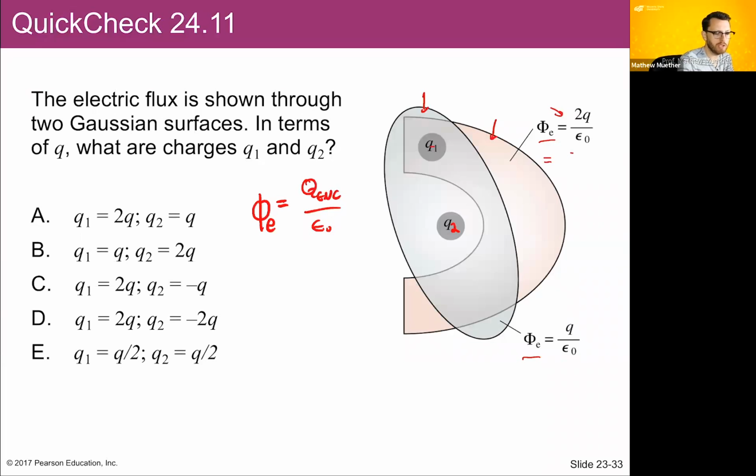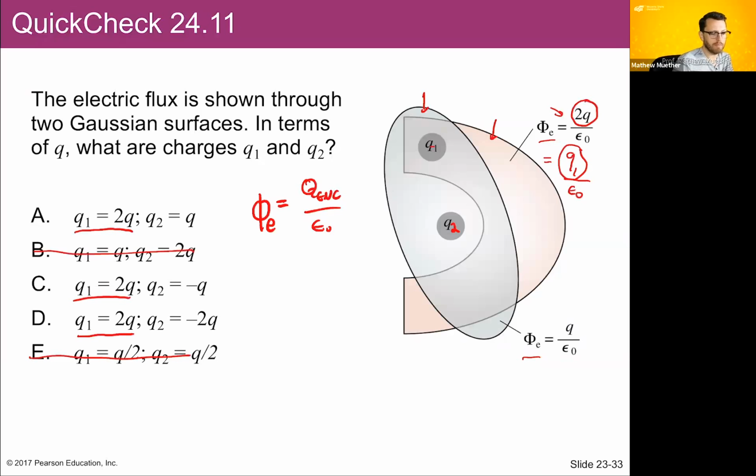Well, it's just Q1. I can see Q2 is not inside of that Gaussian surface, so this has to be Q1 over epsilon naught. So this already is telling me that Q1 has to equal twice Q. So maybe it's this one, or this one, or this one, but I can eliminate A and B straight away.